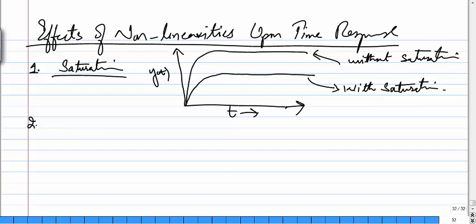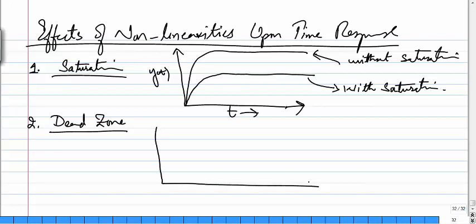Now we look at the next effect, which is due to the dead zone. If you remember, in a dead zone there is some point where you apply the input to the system, but it's not possible to do it. Now in a dead zone, if I plot the response here, without dead zone it will perform like that.